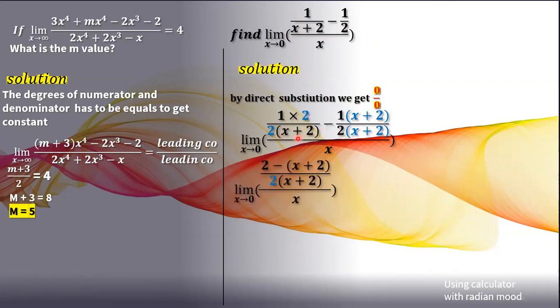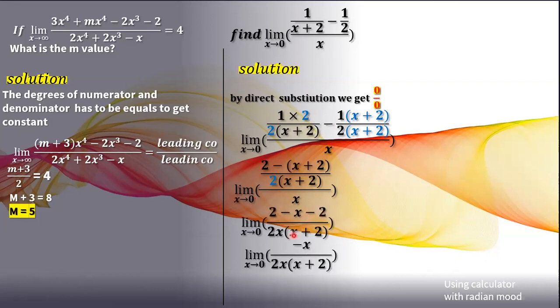So we will get the same denominator. With the same denominator, we take the denominator one time, and numerator minus numerator. 1 times 2 is 2, minus 1 times the brackets (x plus 2), over 2 times (x plus 2), over x. We'll simplify by expanding the brackets: negative times positive x, negative x; negative times positive 2, negative 2; positive 2 minus 2 is 0.